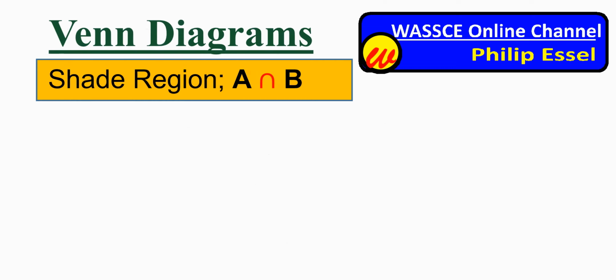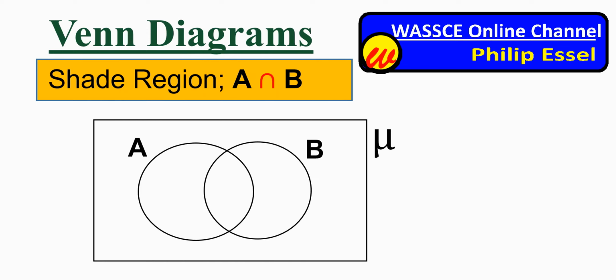Let's look at the region A intersection B. First, we'll show our Venn diagram of two intersecting sets. Let's note that A intersection B means the point or the region where A and B meet.